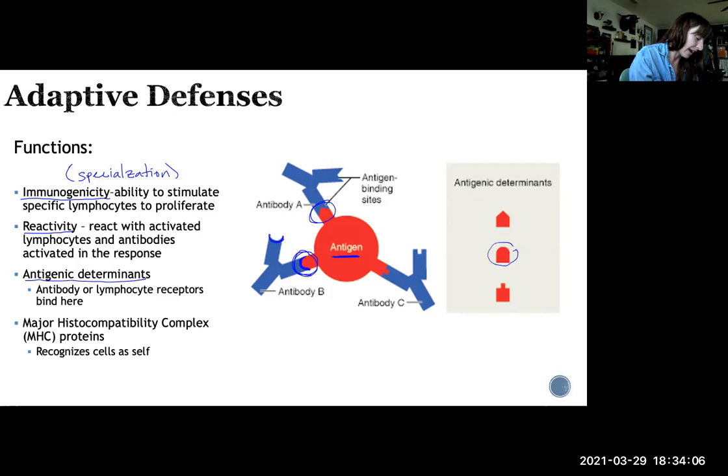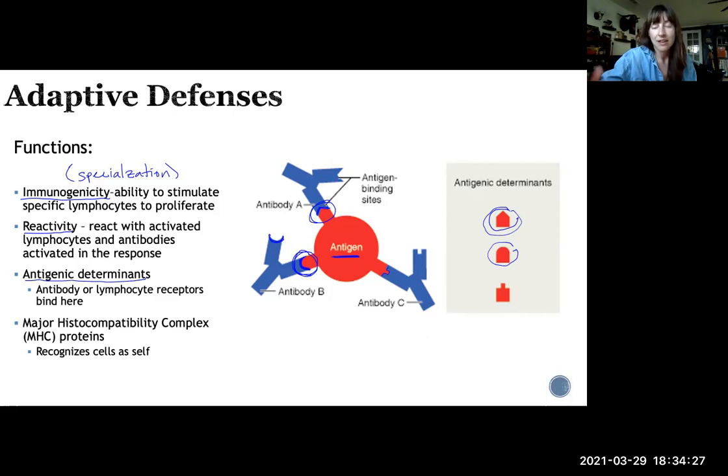An antibody with a different type of receptor can only see or respond or bind to antigens with this antigenic determinant, et cetera, okay?